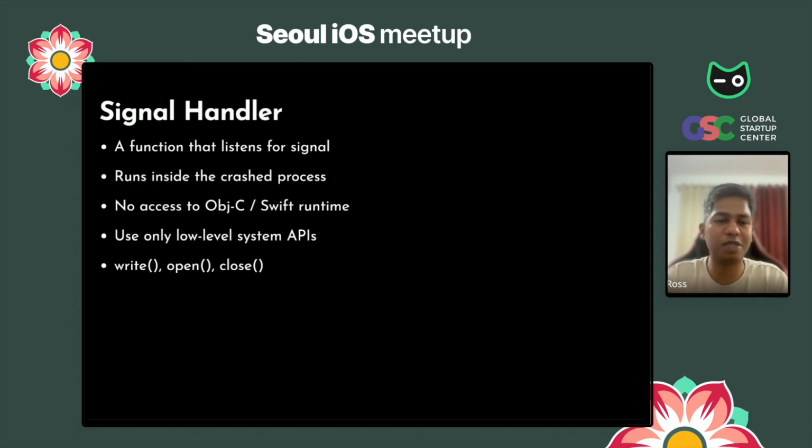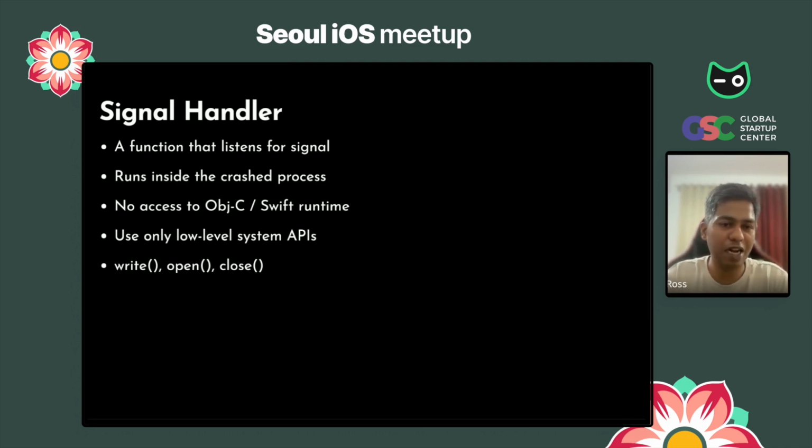Assume that your Objective-C runtime was holding on to a lock when the code crashed, and you use another Objective-C API at the same time. Because the process itself has crashed, the lock will never be released, and the second call will just end up waiting for the lock to be released, resulting in a deadlock. So that's why you can't access any of those Objective-C or Swift APIs that you're familiar with.